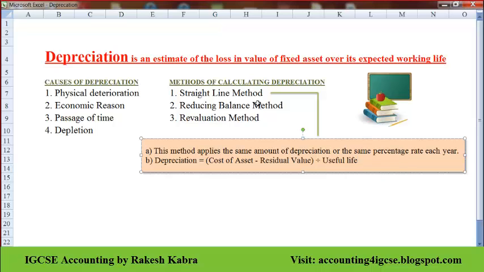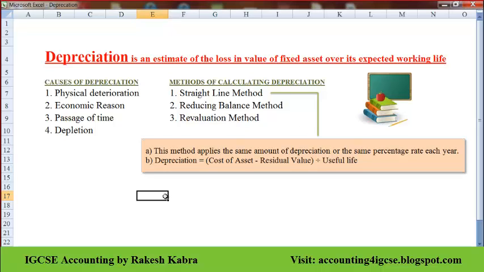It means under the straight line method we will compute the amount of depreciation, and the same amount we will apply for all the years during the lifetime of the asset.